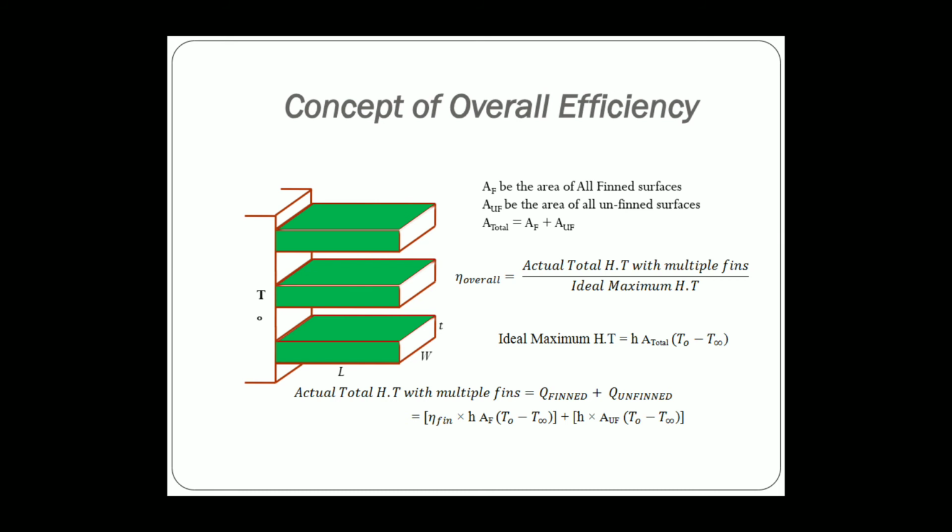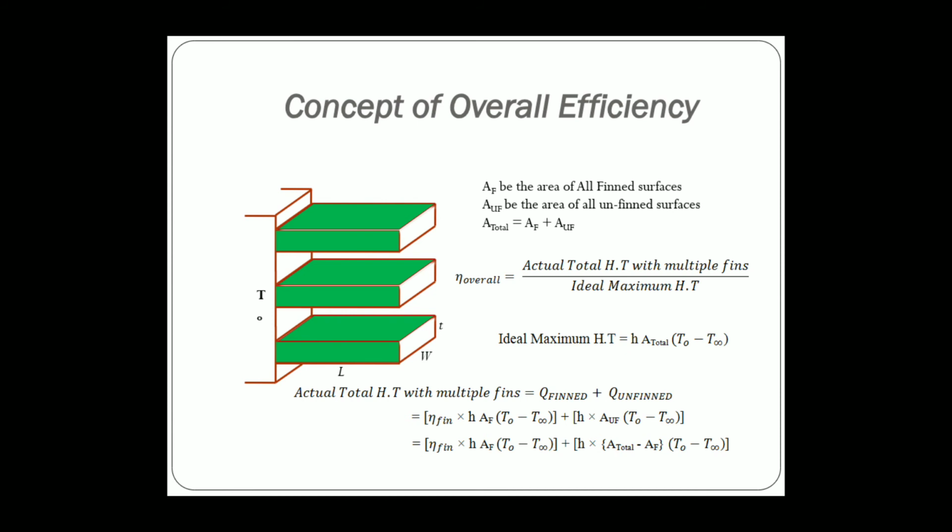So Q finned will be equal to efficiency of an individual fin into h into total finned area into T0 minus T infinity, and unfinned heat transfer will be equal to h into A unfinned into T0 minus T infinity. Here I will write A unfinned as A total minus A finned.